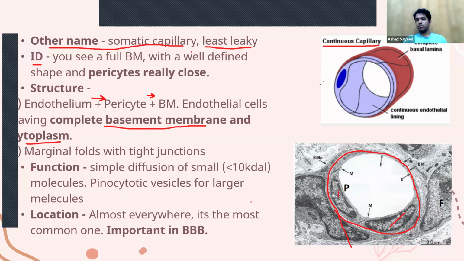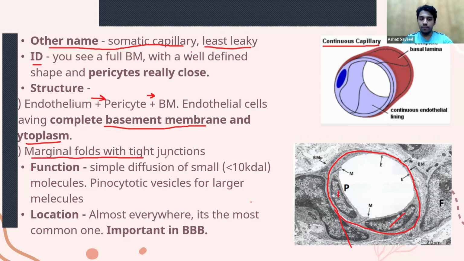I'll talk to you later about what I mean by solid or complete cytoplasm, because the other ones, which are more permeable, have porous cytoplasm. But for continuous capillaries, you have complete basement membrane and cytoplasm.